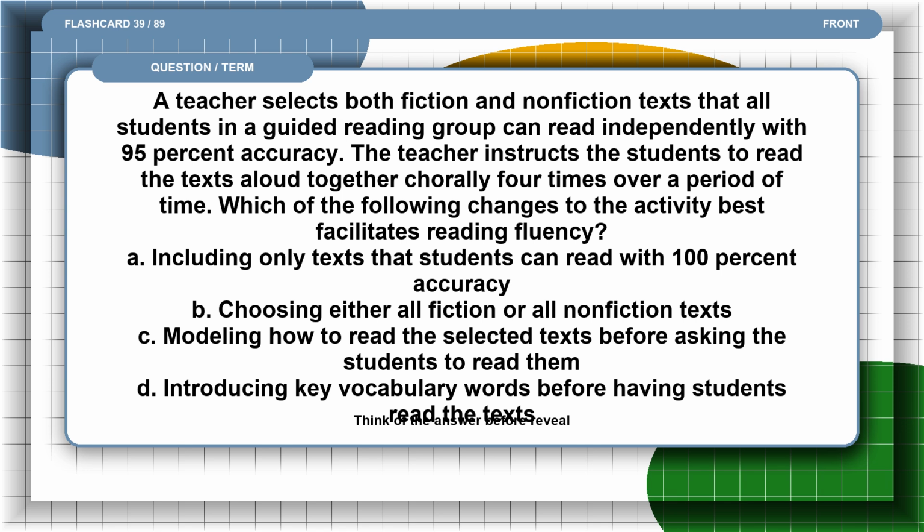A. Including only texts that students can read with 100% accuracy. B. Choosing either all fiction or all non-fiction texts. C. Modeling how to read the selected texts before asking the students to read them. D. Introducing key vocabulary words before having students read the text. Pause and think of the answer before the reveal.